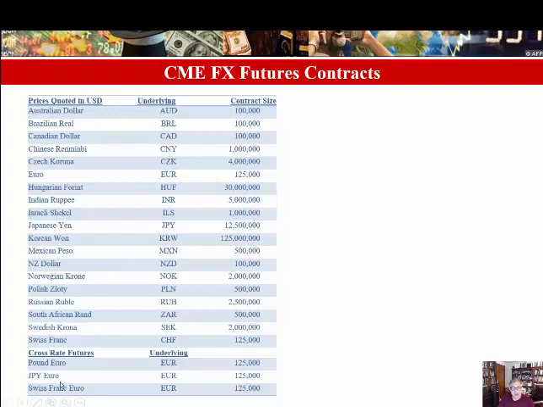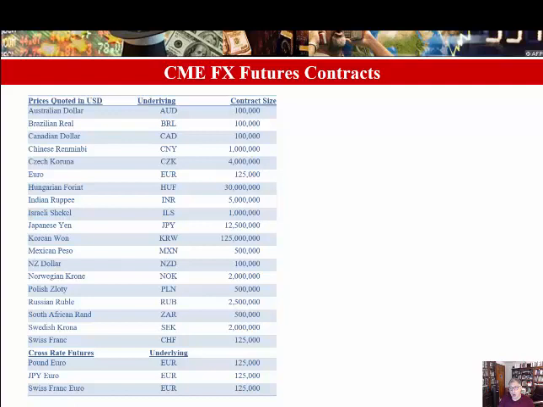100,000. There are a few what we call cross-rate futures. In these contracts, the euro is the underlying. For instance, this particular contract, which is a pound-euro contract, the underlying is euro, but it is priced in pounds. Another one, Japanese yen euro, the underlying is euro, but the contract is priced in Japanese yen. And the third one is a Swiss franc euro contract, where the underlying is euro, but the contract is priced in Swiss francs.